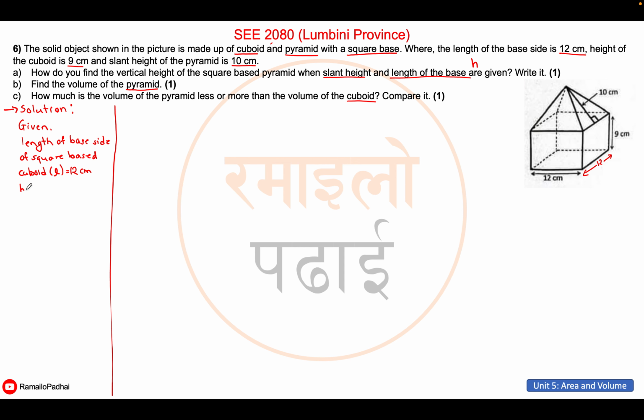Height of cuboid, which we will write as HC, is equal to 9 centimeter, and then slant height of pyramid. There is no slant height of cuboid, so we will just write SH, and that will mean slant height of the pyramid, which is equal to 10 centimeter.